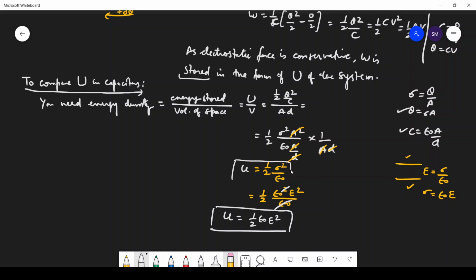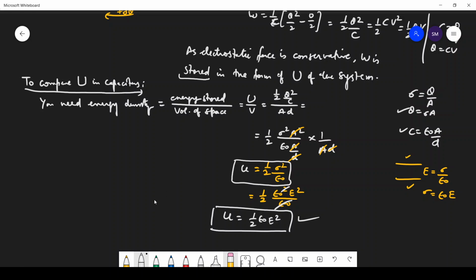That's also correct. If you want to write it in terms of surface charge density, and if you would like to write it in the form of electric field, so that's all about it.